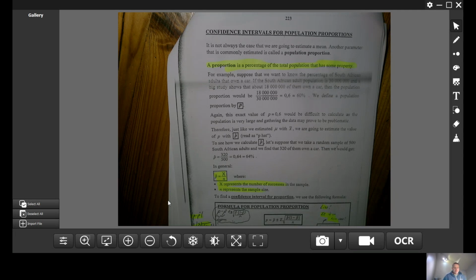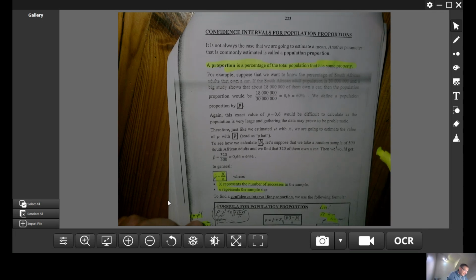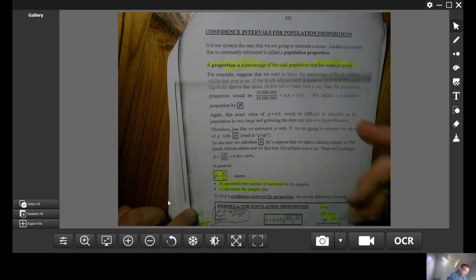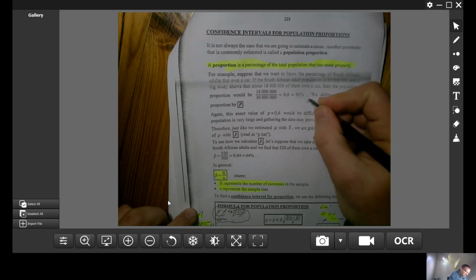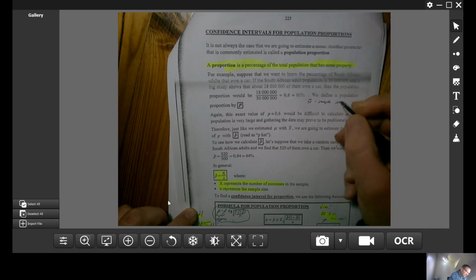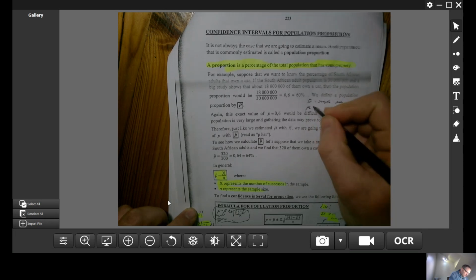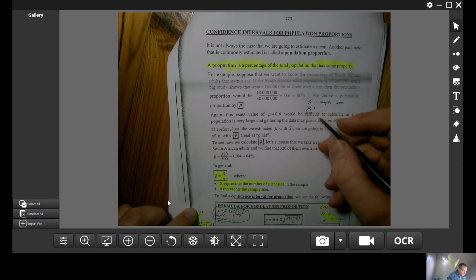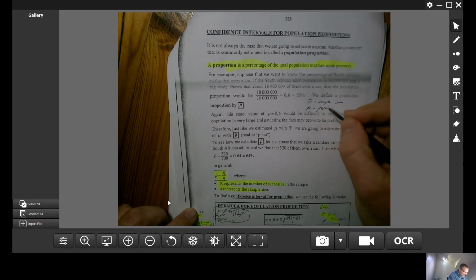Okay, so the notation we're going to use, from the sample, is just like x bar. We had x bar as the sample mean, and from that we estimated the parameters for a confidence interval for the population mean.